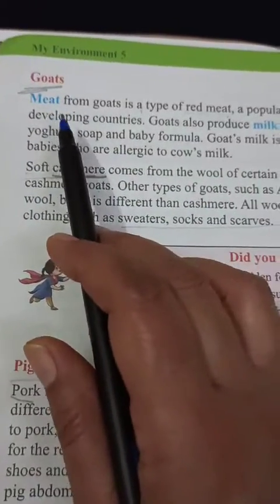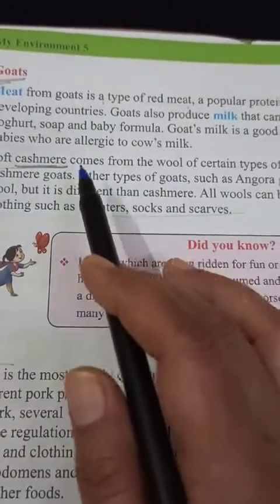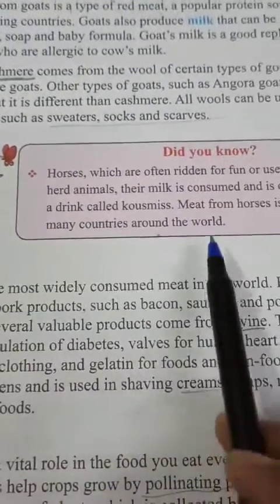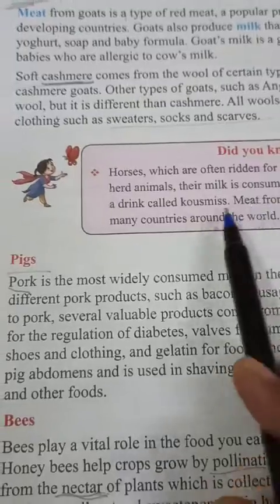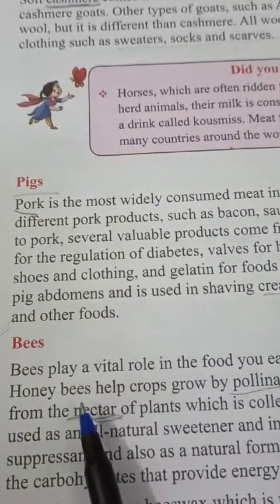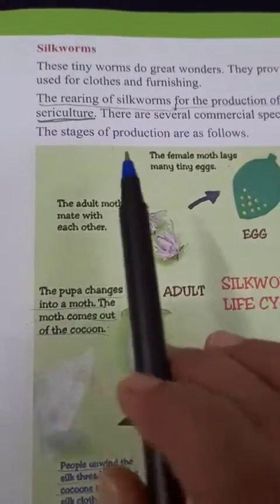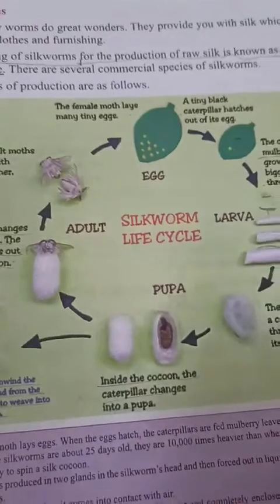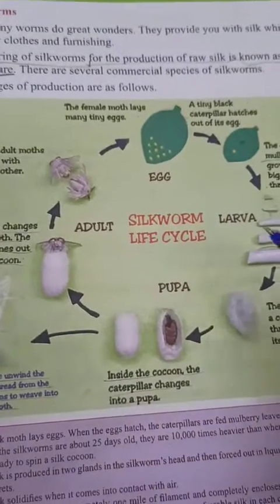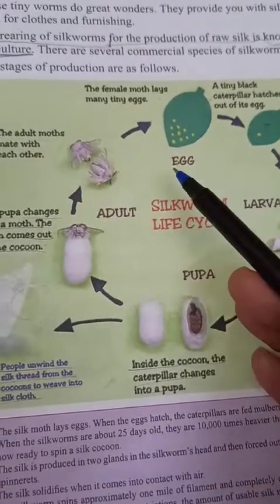And about the goat and the different products we are getting from goat, and about the horses also, and pigs, after that bees, and at the last we studied silkworm and the life history of silkworm, how they complete from egg to adult.